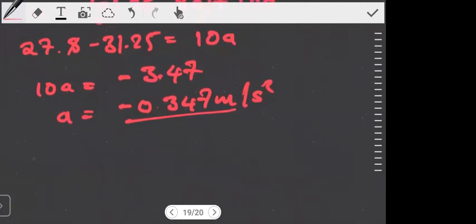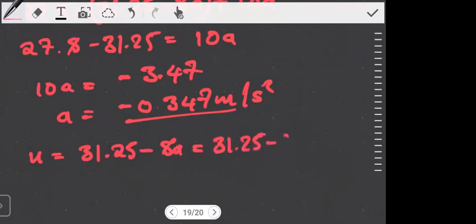So from equation 1, initial velocity was given by 31.25 minus 8a. But we know what acceleration is this time around. So you can say this is 31.25 minus 8, multiplying the acceleration, negative 0.347.